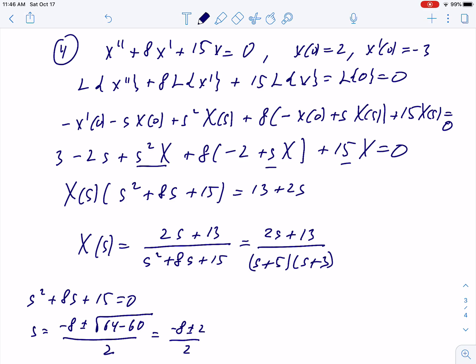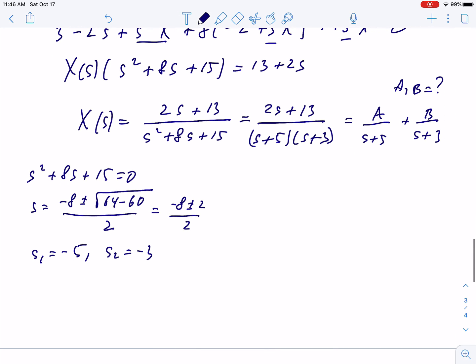And what next? Next we break this in partial fractions. We shall write this in the form of some unknown coefficient A over s plus 5, and then unknown coefficient B over s plus 3. We have to find A and B.